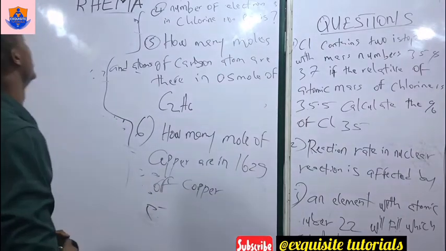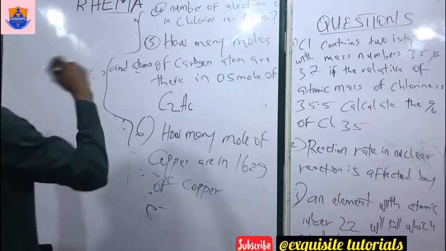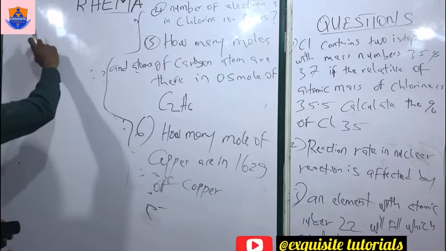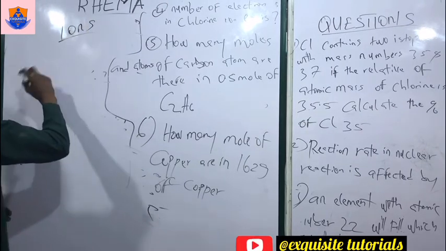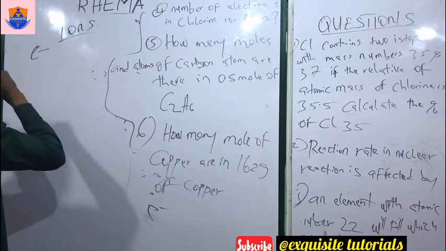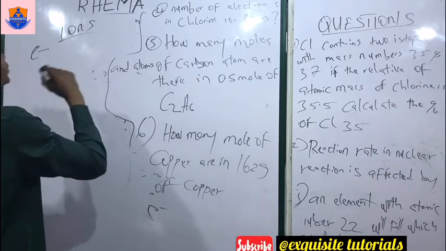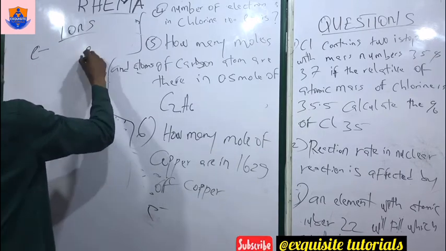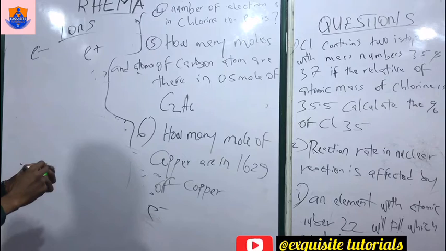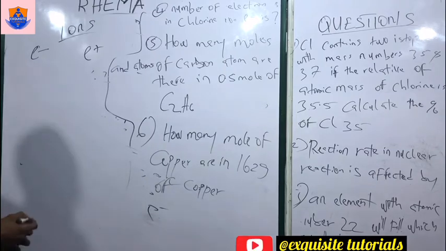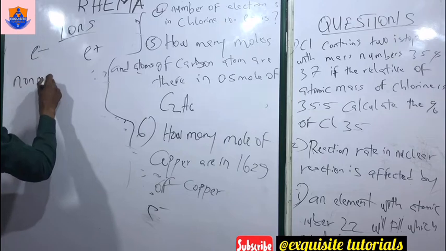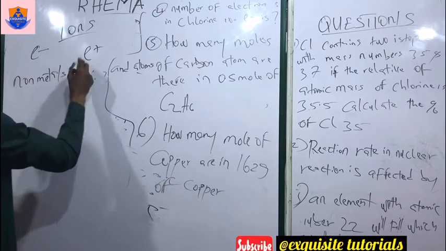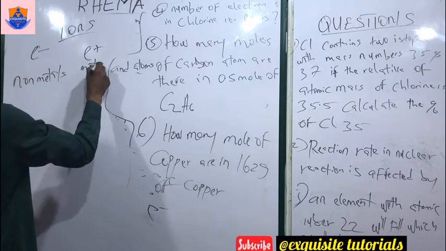Now we have ions, and we have negative and positive ions. These are ions of non-metals. These are ions of metals.